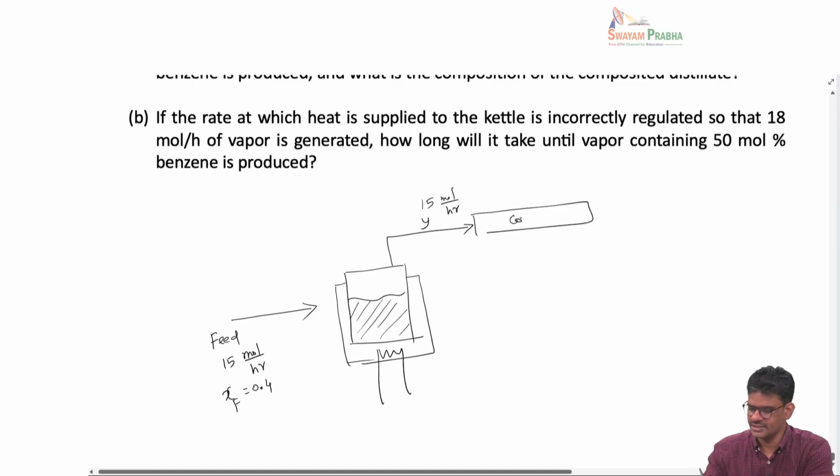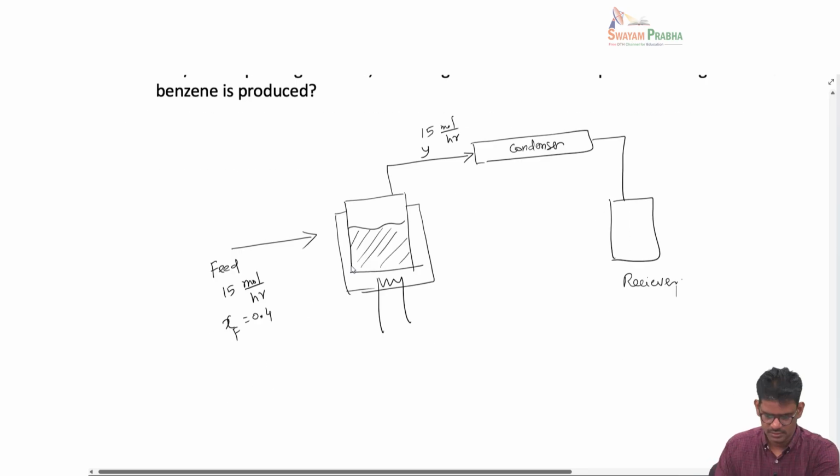This goes through a condenser and then gets collected into a receiver. Also, initially there is some initial charge, some 30 moles of liquid, and the mole fraction there is also 0.4.